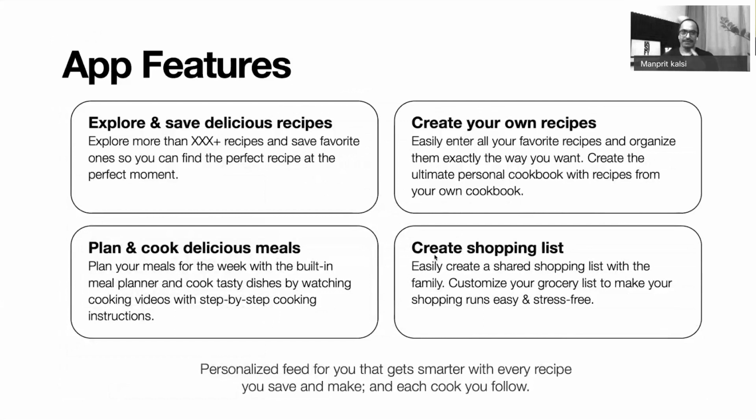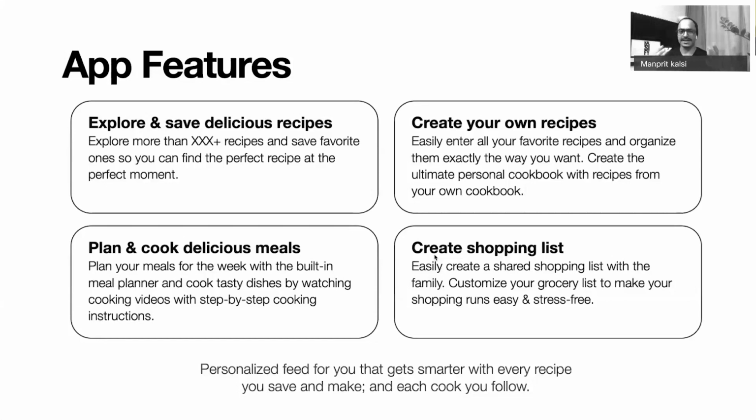And if he's a cook, he can cook delicious food by looking at different recipes or by watching different videos. While watching the videos, he might figure out that he doesn't have some of the ingredients, so he can create a shopping list. So he should be able to create his own shopping list.